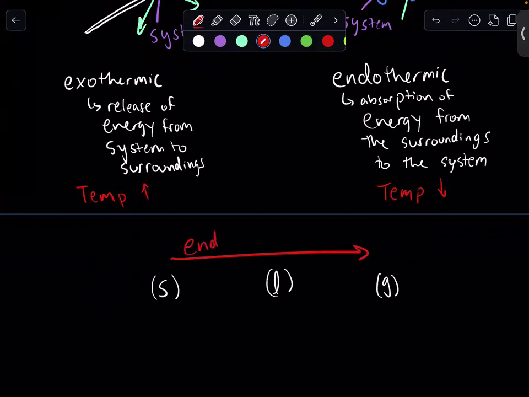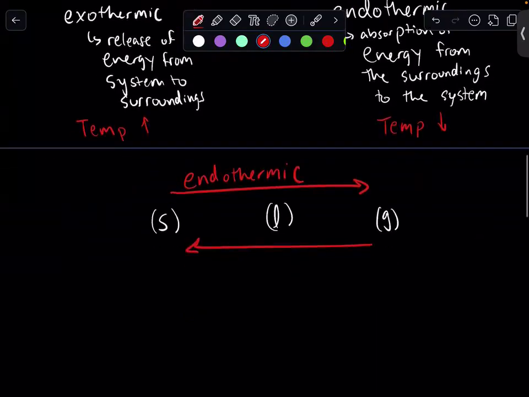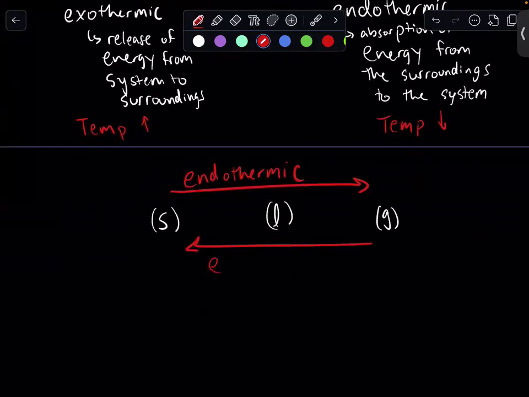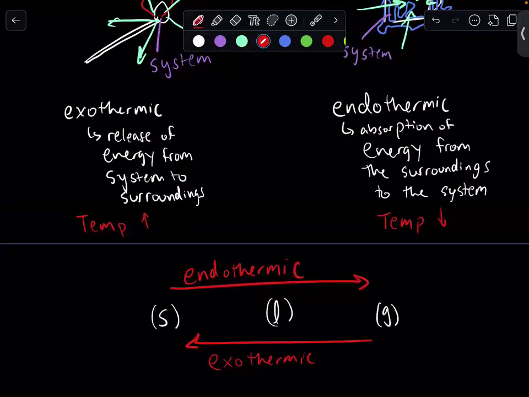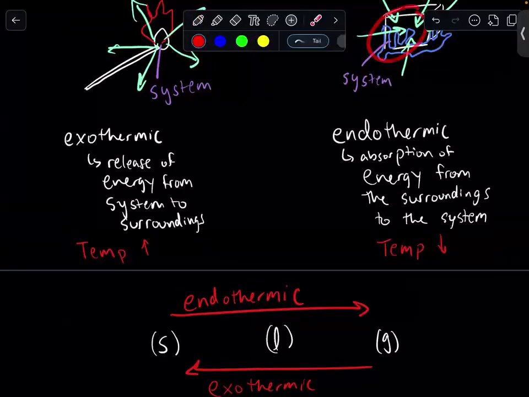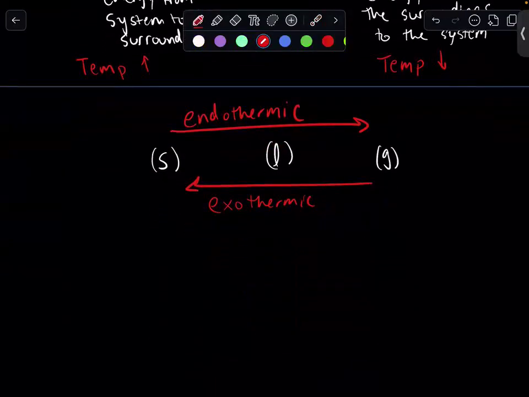So that would be endothermic. As we go from gas to solid, it's losing energy. That would be exothermic. So for example, our ice cube is going from solid to liquid. That is an endothermic change. These are always true with these states of matter.